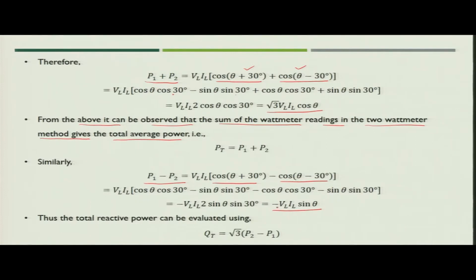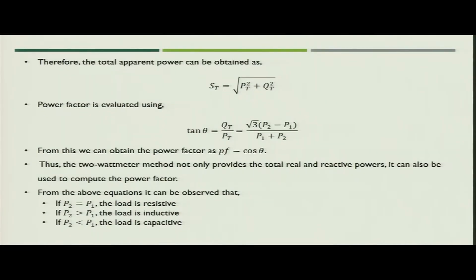Now, if you multiply both sides by root 3, the value on the right side is root 3 times VL IL sin theta, which is nothing but the total reactive power consumed by the 3 phase load. So, you can write that the total reactive power consumed by the 3 phase load is equal to root 3 times P2 minus P1.